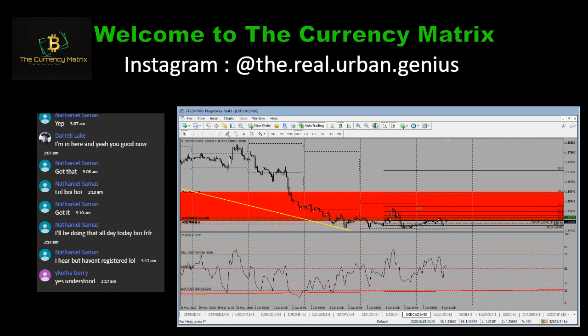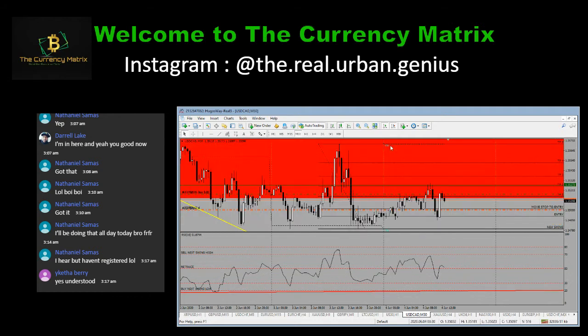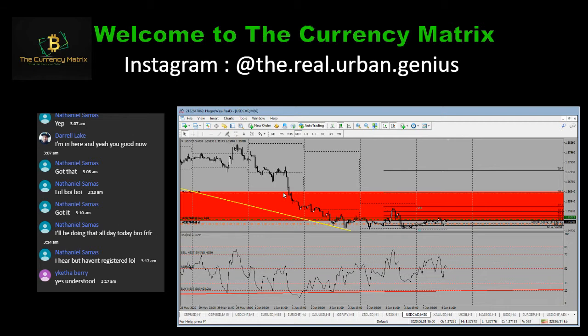If you look here to the left, there's structure here. That would actually be an order block. That is actually an order block there to the left on that purple zone that I marked.